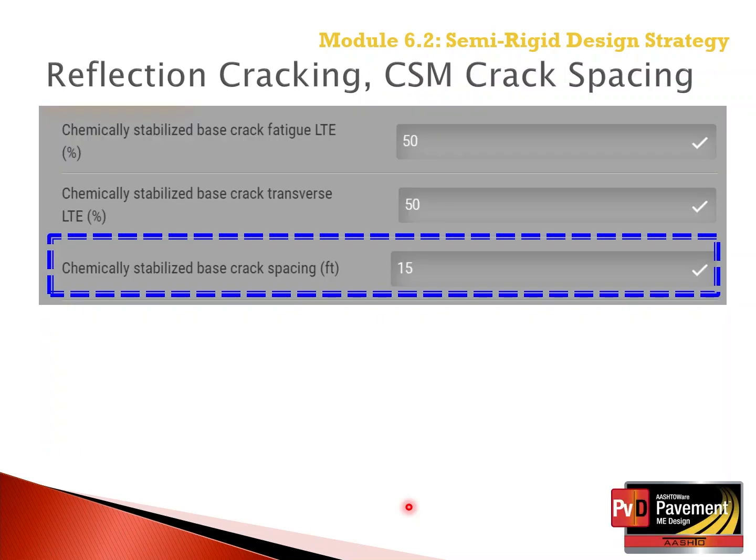So this is the chemically stabilized crack spacing that's entered into the software by the user. And this is the spacing of the shrinkage cracks, because when the semi-rigid pavement is initially built, it is assumed there are no fatigue cracks of the chemically stabilized layer.